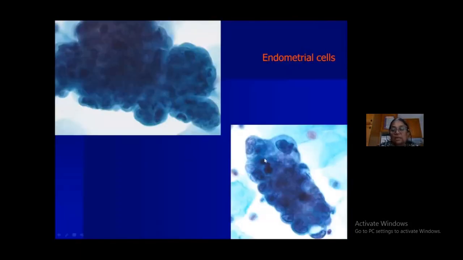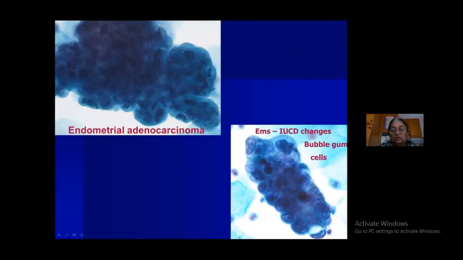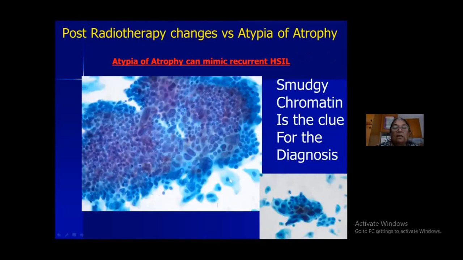Endometrial cells: be very careful because they are very well preserved now. Endometrial adenocarcinoma versus the bubblegum cell of IUCD changes, which is negative. And the last but not the least, important one: post-radiotherapy changes versus atypia of atrophy.